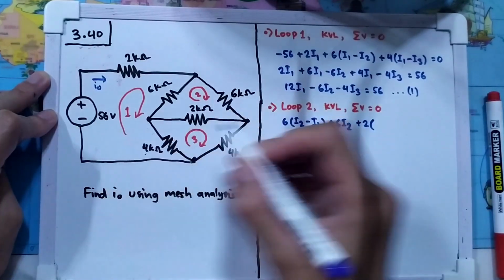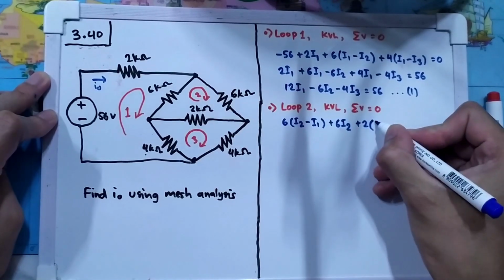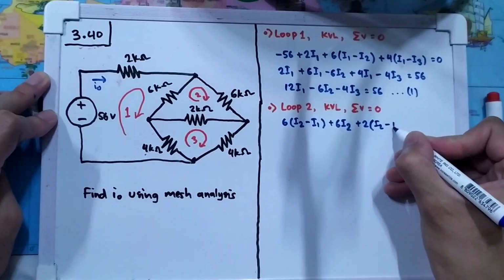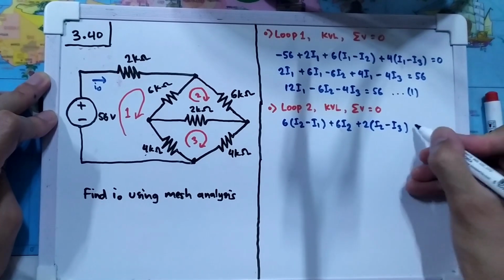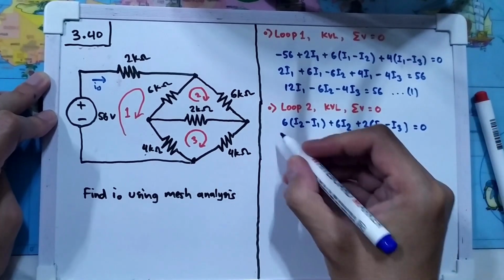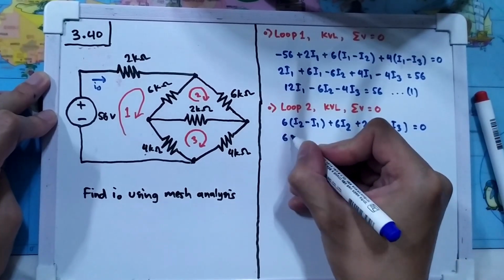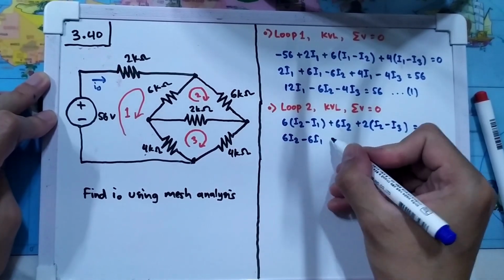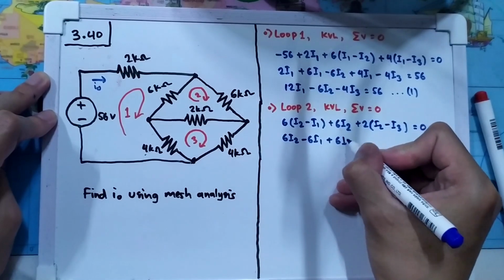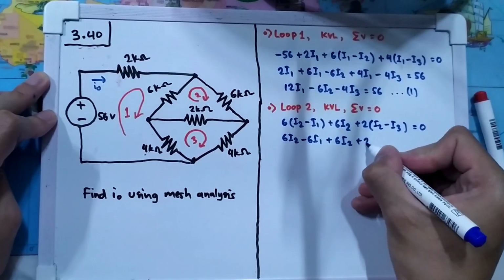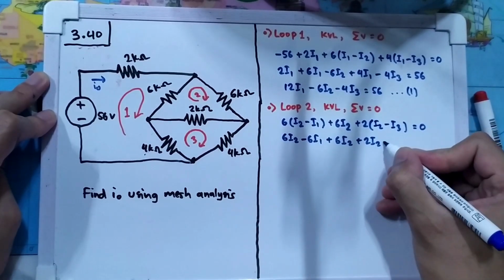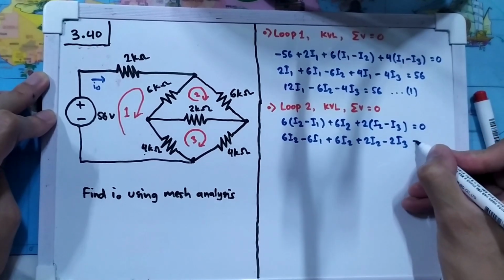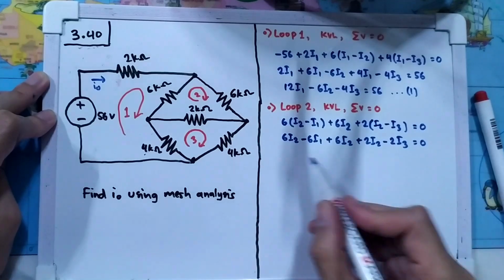So I2 is going there, and I3 is going in the opposite direction, and that will equal to 0. Now we multiply it to remove the brackets. Plus 2I2 minus 2I3, and that will equal to 0.